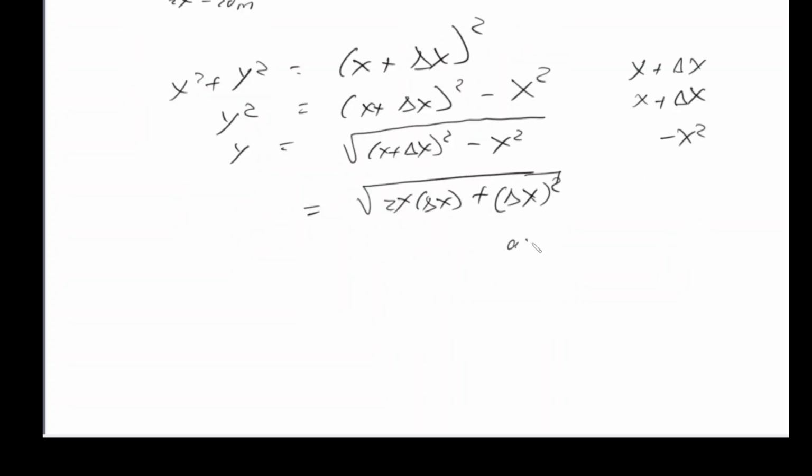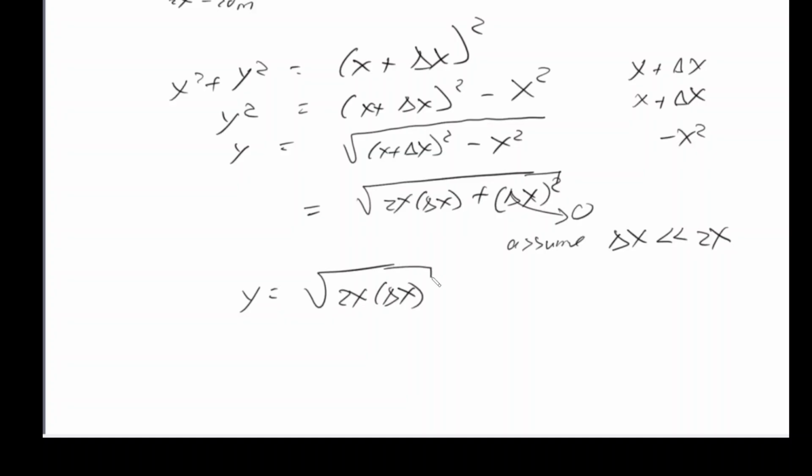We're going to assume that delta x, that little bit of increase in the track length, is much smaller than the actual track length itself. So we're going to say that that goes to 0 and y becomes the square root of 2x times delta x.